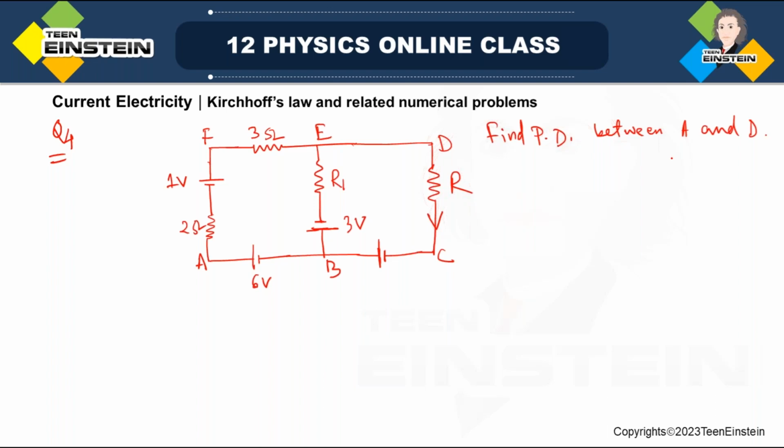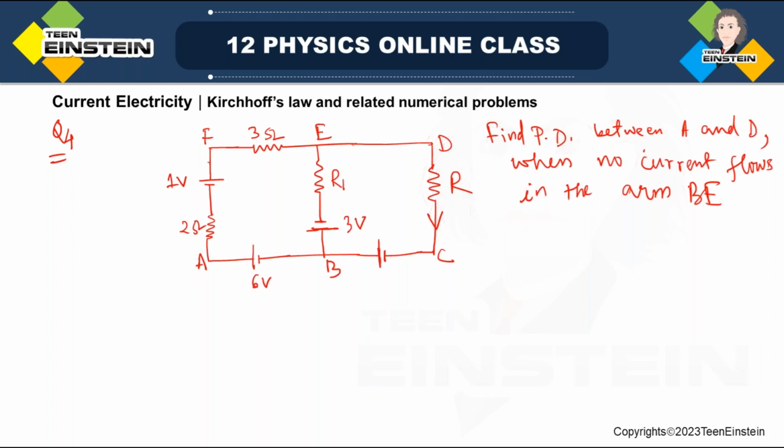No current. Okay, there is a condition. When no current flows in the arm BE of the electrical network shown.